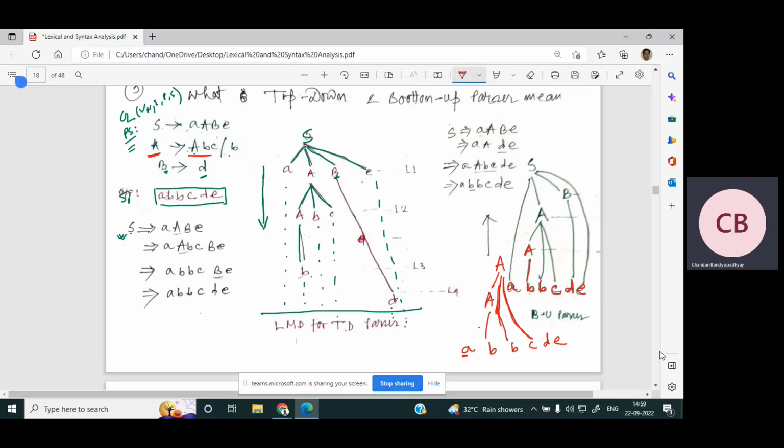So this generation is being done. What is left? Small a, capital A, d and e. Correct. Now d can be realized by B. So here I am writing d can be realized by B. Perfect.